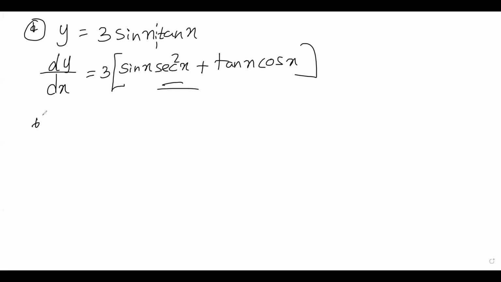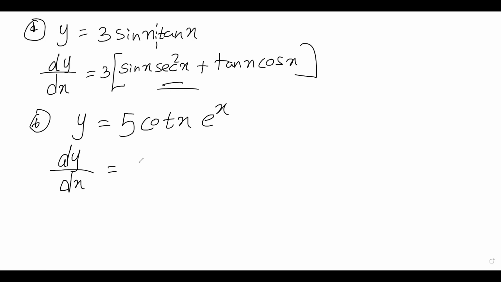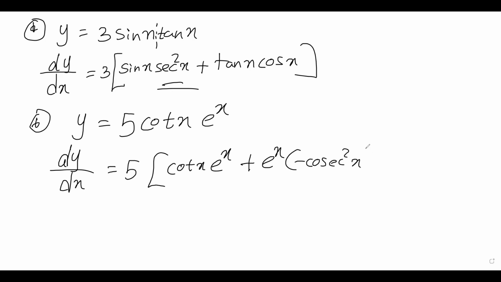Likewise, if I take y equal to 5 cot x e^x, you can write dy by dx equal to 5 into cot x, the derivative of e^x is e^x, plus e^x times the derivative of cot x, which is minus cosec squared x.